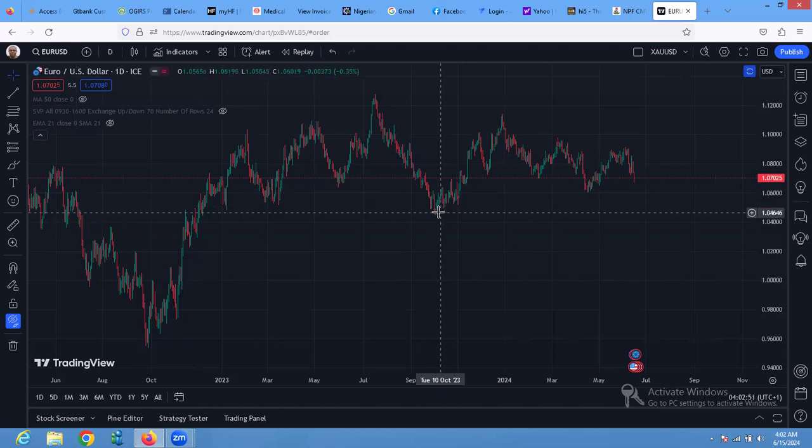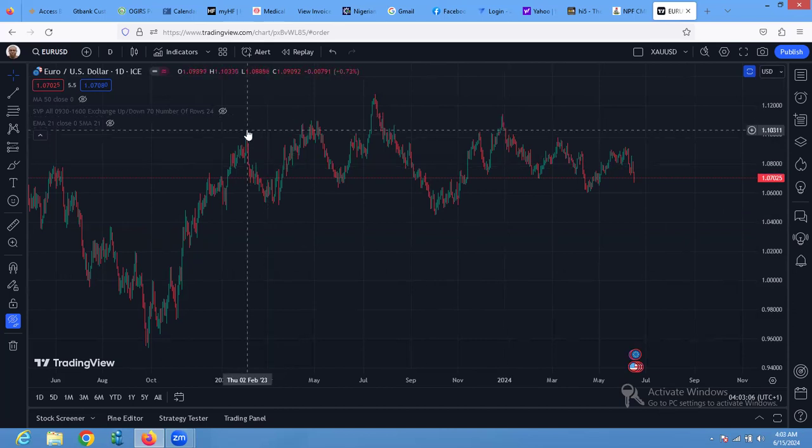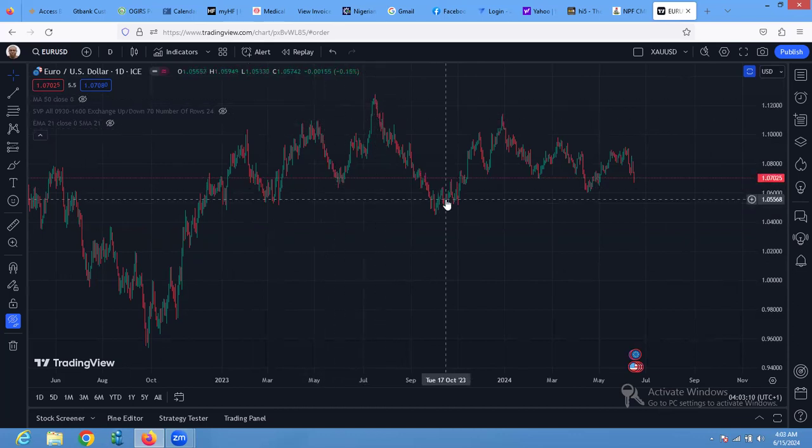So after this correction, you can see the shape of this compared to the shape of this. This is just smaller. We saw a move also as the first move. This is the first move here. A of the correction, A, B, C of B, and a C.